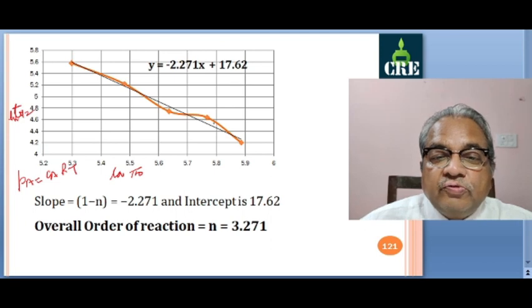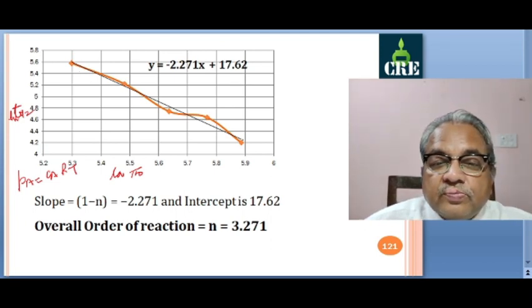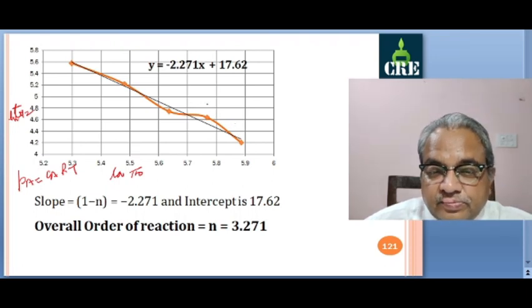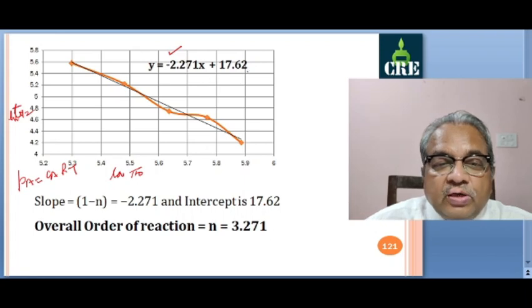So the best fit line here. This best fit line is drawn in Excel, a linear fit, and you get the equation directly in Excel. The slope is negative, so minus 2.271x plus 17.62.